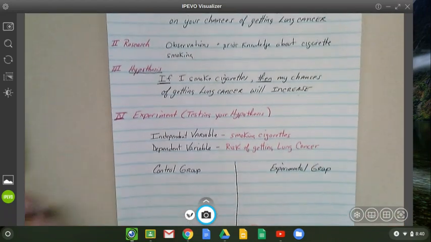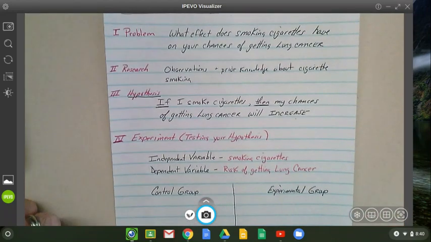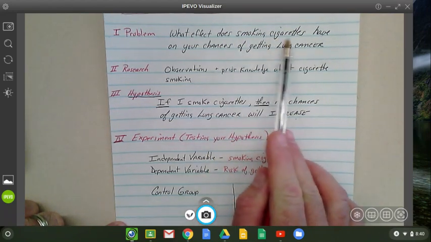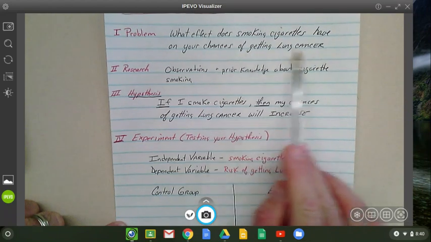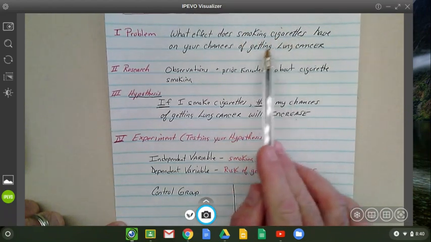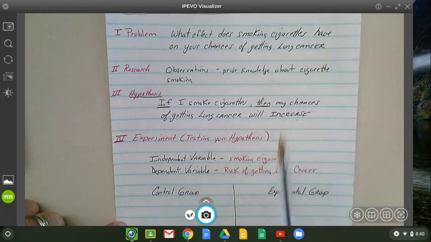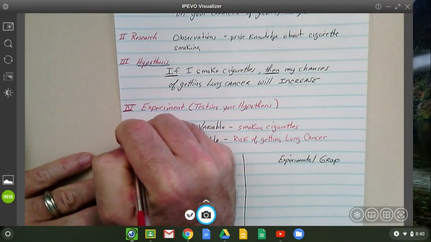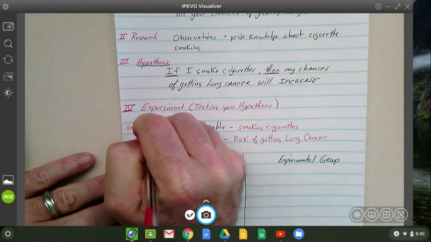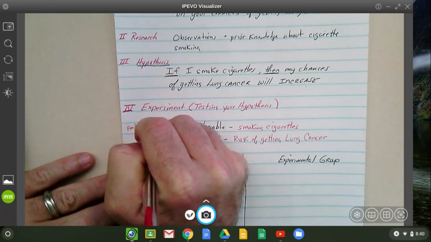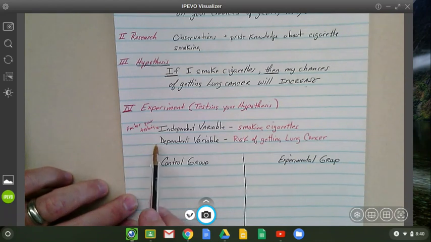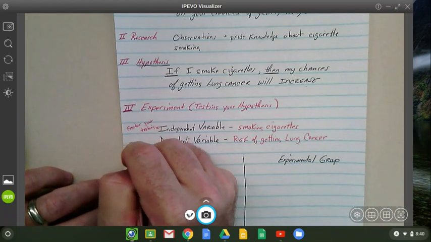All right, and usually those variables are right in the problem. Smoking cigarettes, getting lung cancer. Independent variable, dependent variable. Okay, so remember, the independent variable is the factor you're testing, and the dependent variable is what you're measuring.